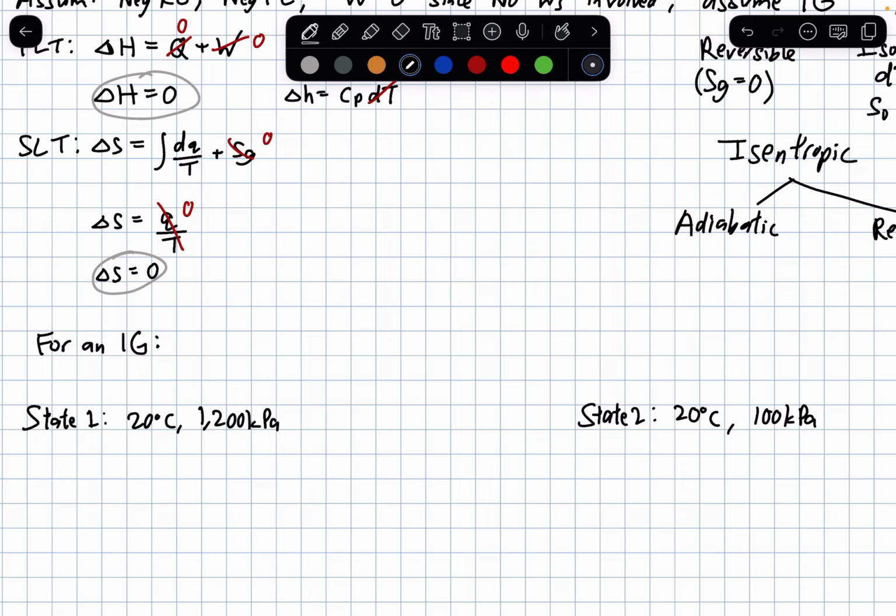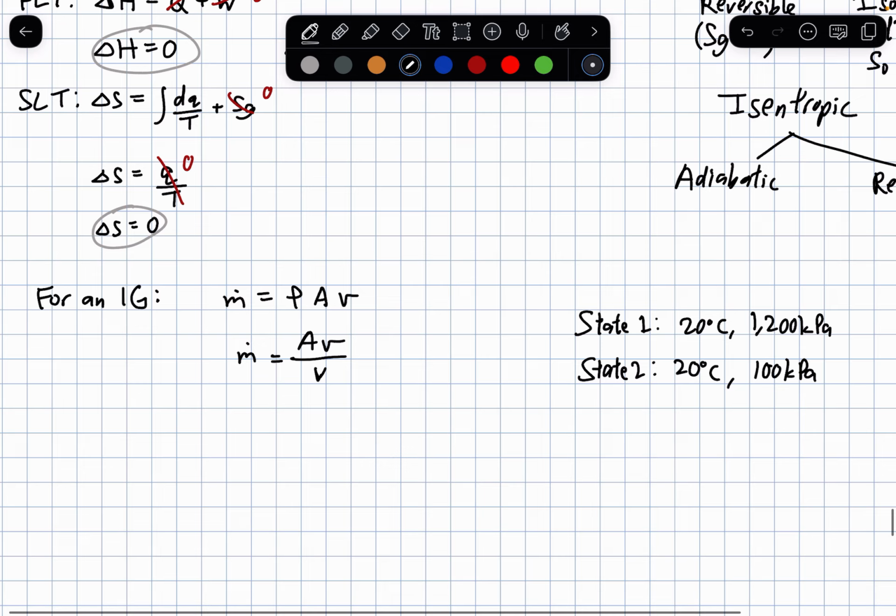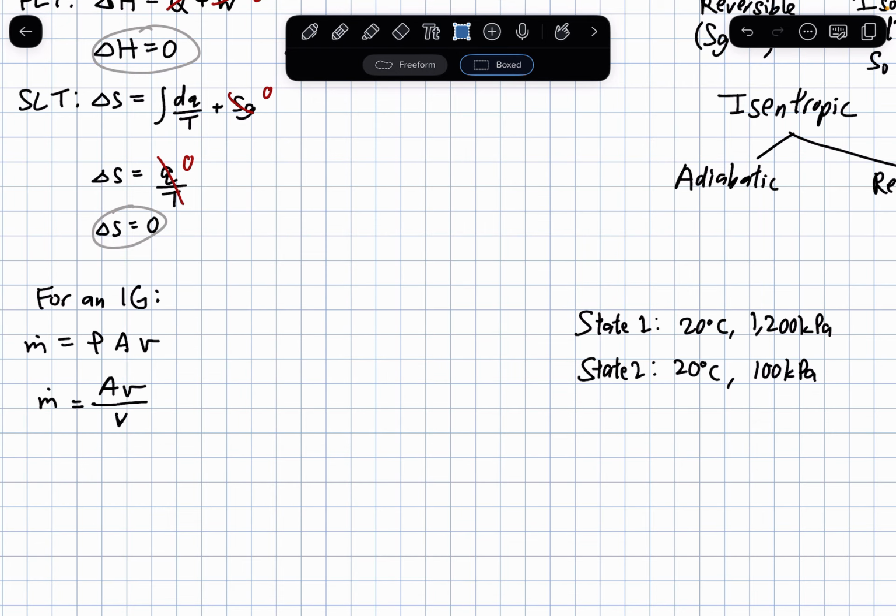For an ideal gas, this is gonna be the specific gas constant, no? Kilojoule per kilogram Kelvin.